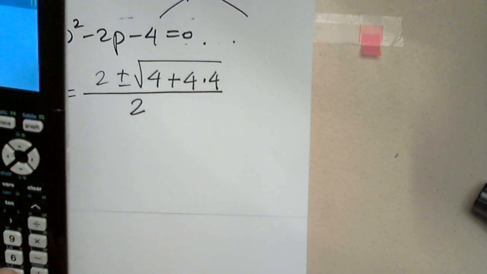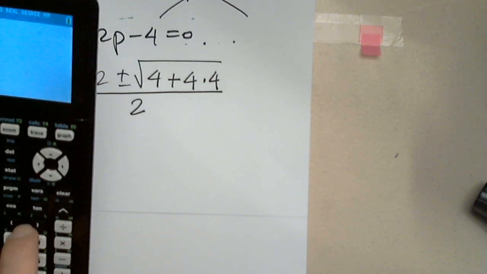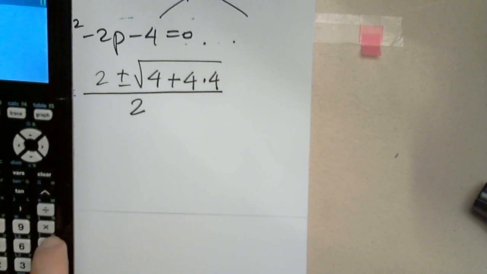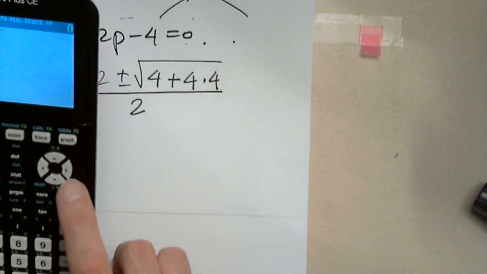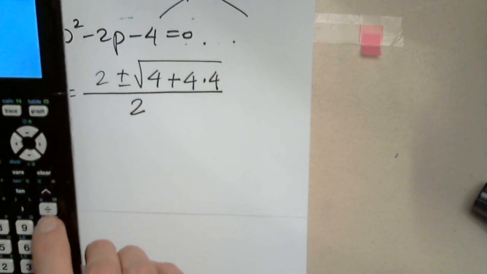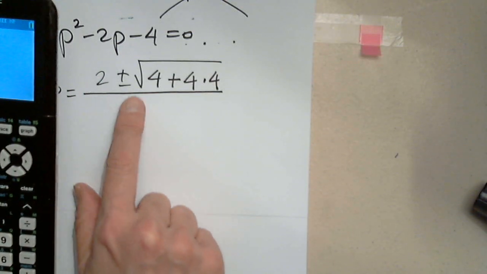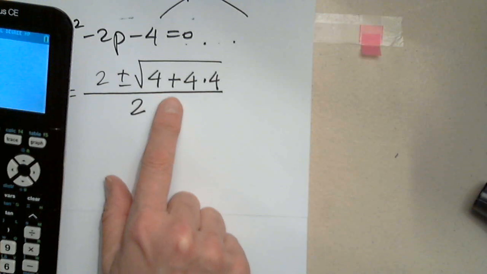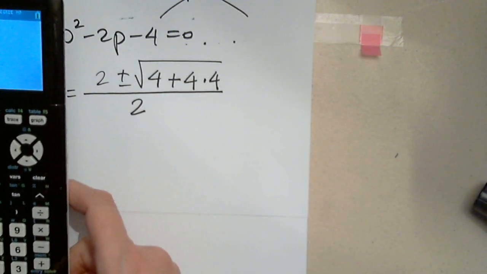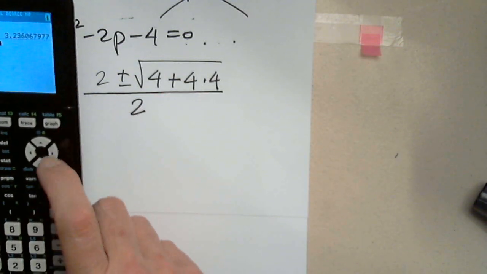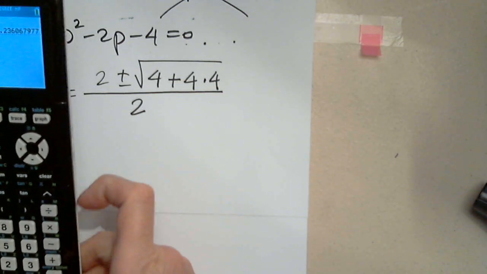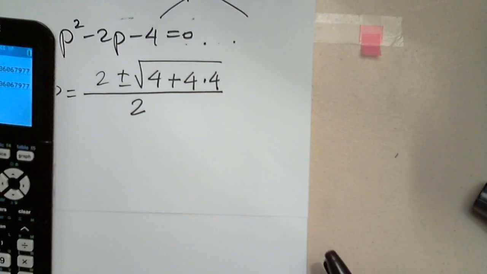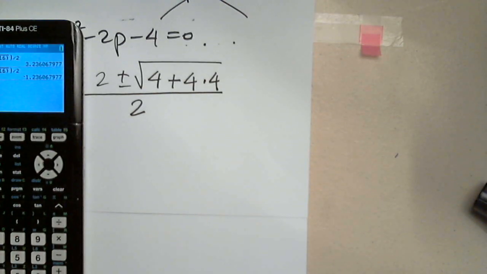So 2 plus the square root of 4 plus 16, close the parenthesis, don't forget to go outside and divide by 2. So 2 plus the square root of 20, divided by 2, and the other one with minus. So we have two solutions.